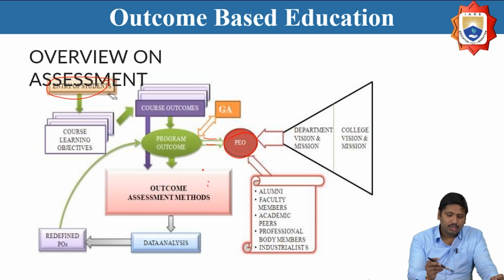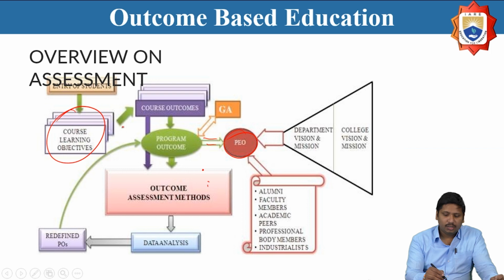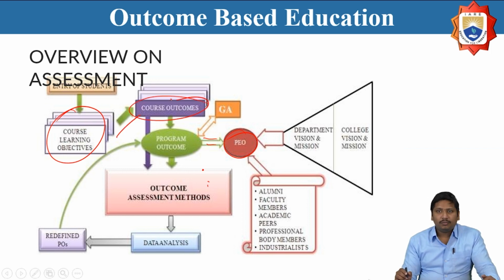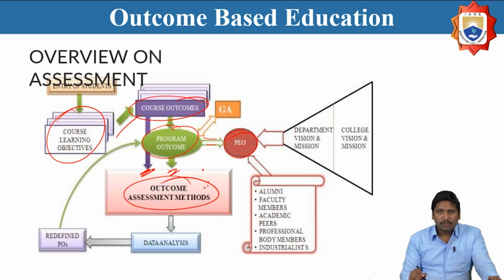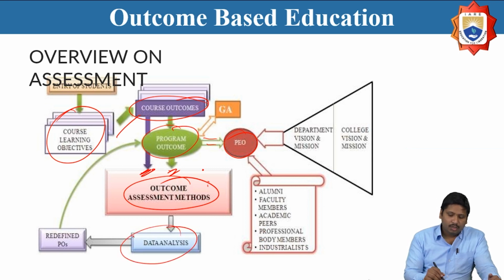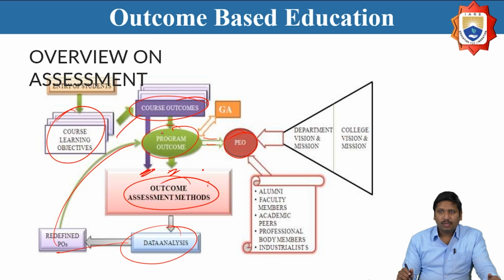Okay, so initially the student has to know the course learning outcome, then that should be sent to the course outcomes, and the course outcomes are defined. Then you have to look at the program outcomes, and these program outcomes as well as the course outcomes undergo various outcome assessment methods, where you can perform some data analysis, and that should be redefined and sent back to the POs.